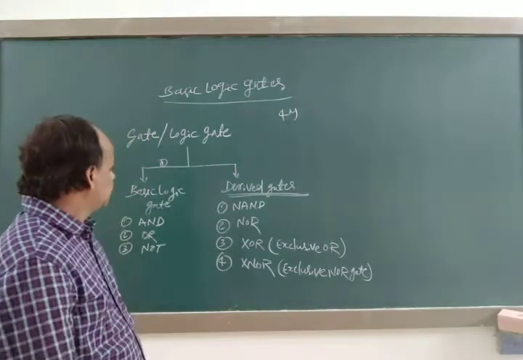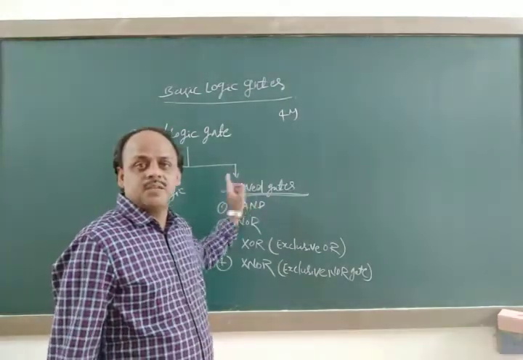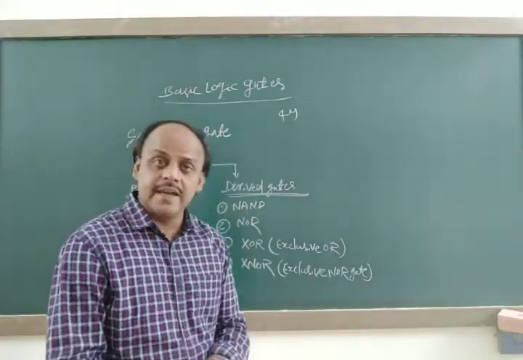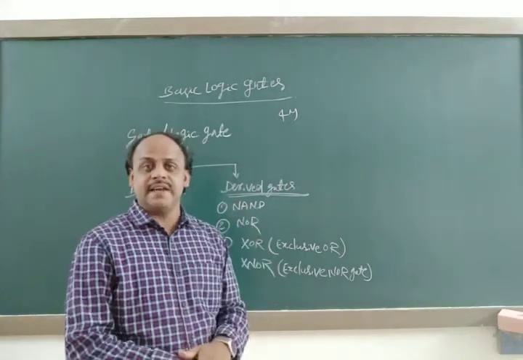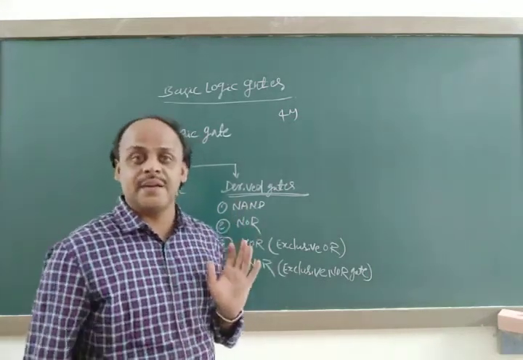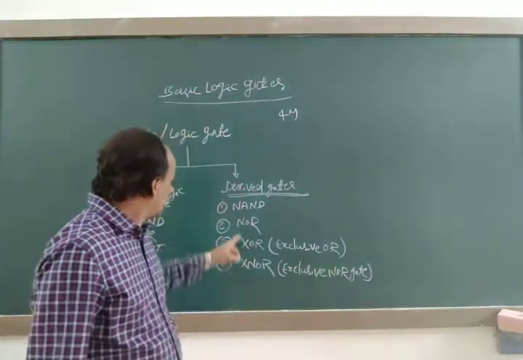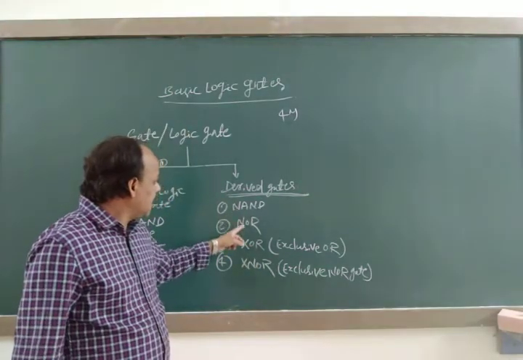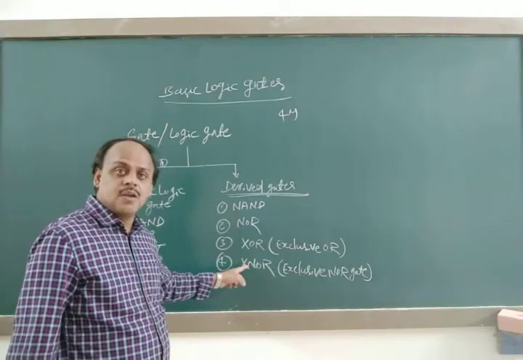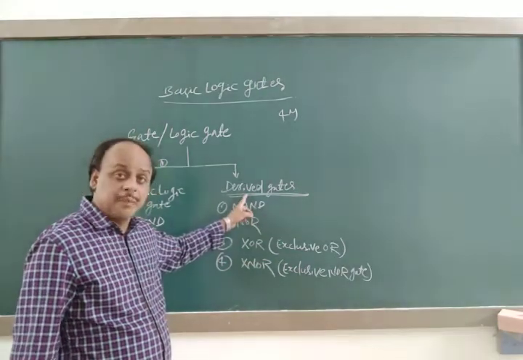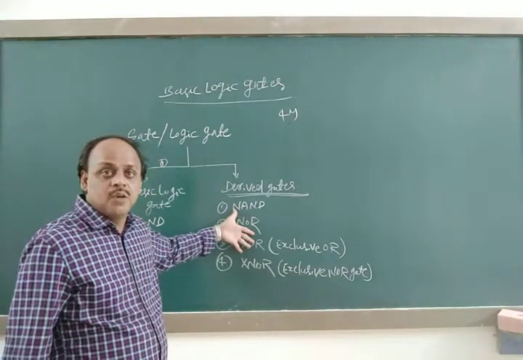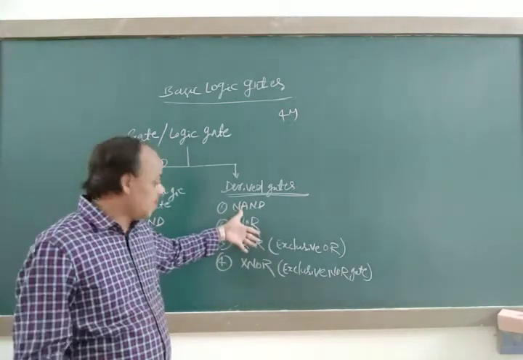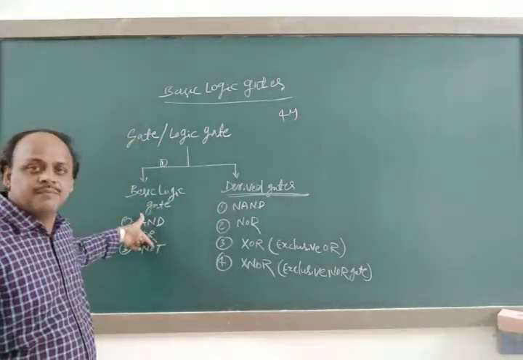So here, what is a derived gate? We can say that a gate which is constructed with the help of a basic gate is called a derived gate. It means NAND, NOR, XOR, XNOR are called derived gates. It means to construct these gates, we are going to take help of basic gates.